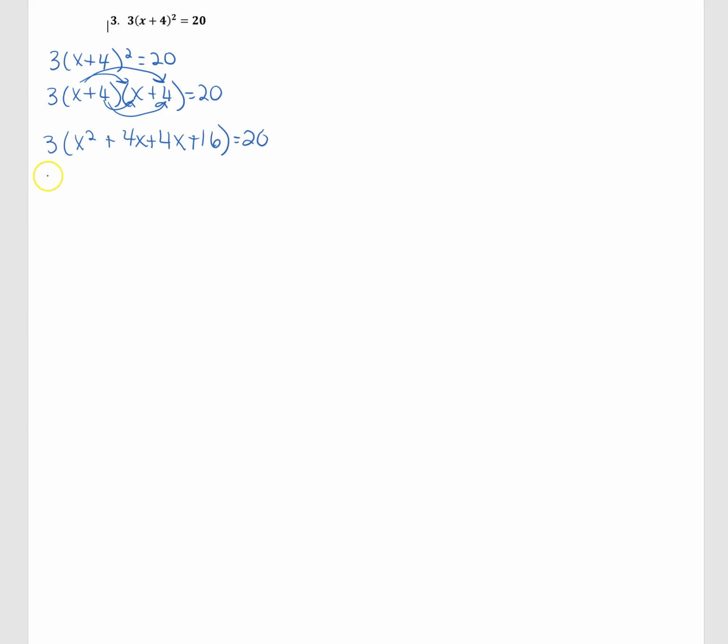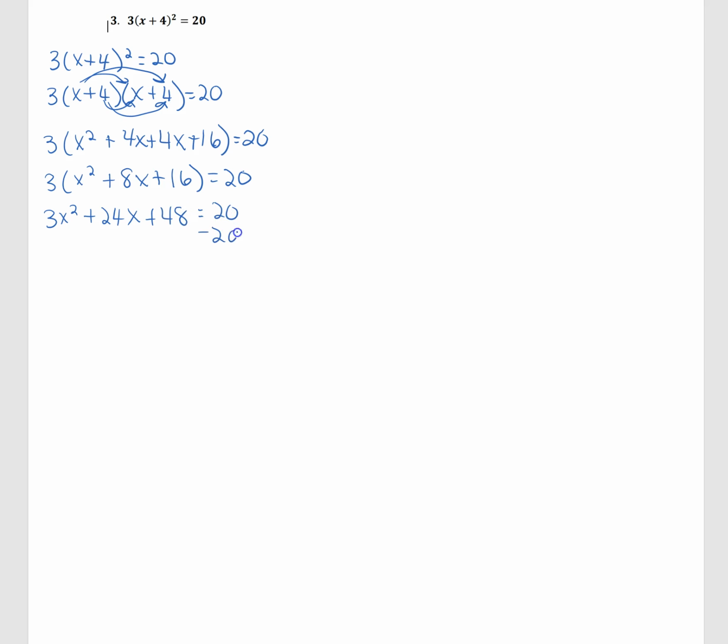And I'm going to combine my terms with x in it, so I get 4x plus 4x is 8x plus 16 equals 20. I'll multiply this 3 in, so that gives me 3x squared plus 24x plus 48.